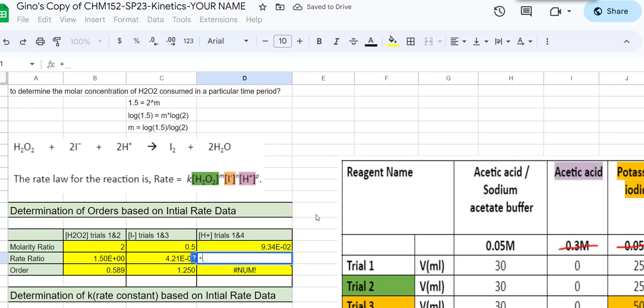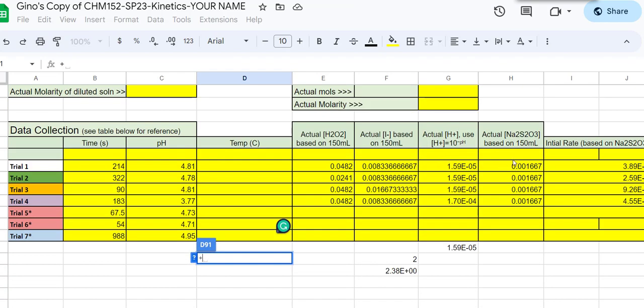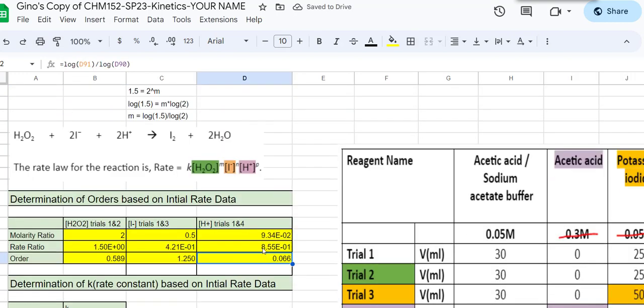And then we're going to do the rate ratio from 1 divided by 4. That gives us an order of 0.066 for that.